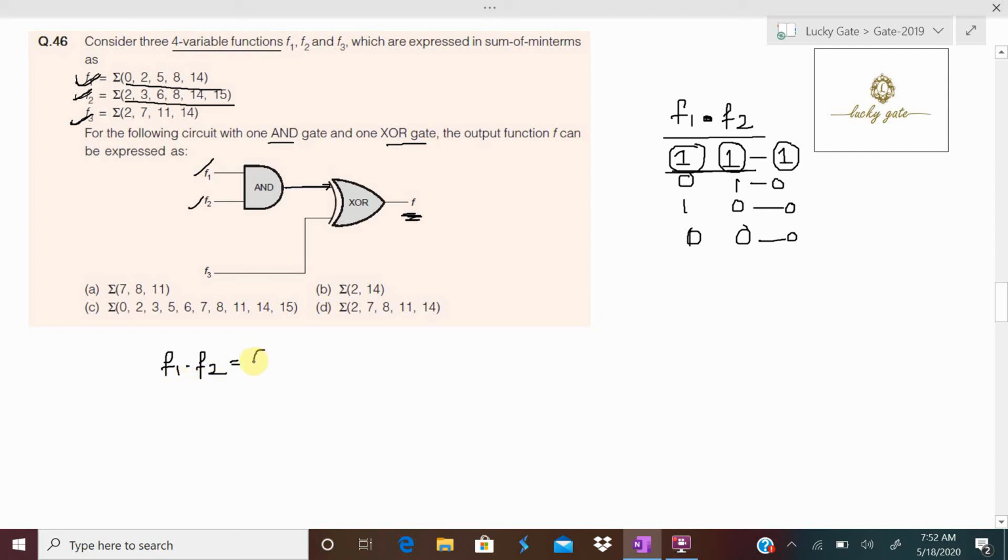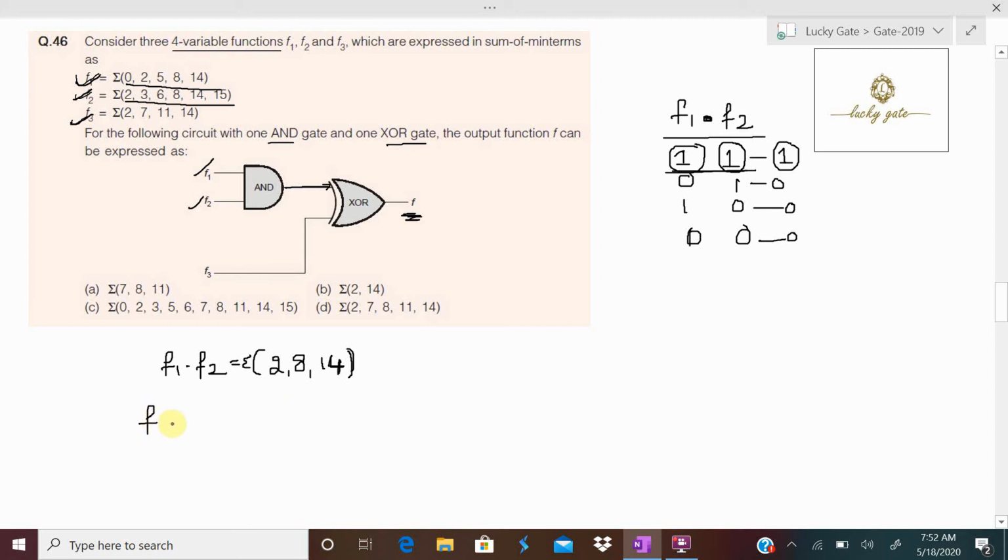Now look, what are the common terms of f1 and f2? 2 is common, 3 is not common, 5 not common, 8 is common and 14 is common. So when you perform f1 and f2, you are going to get a Boolean function which contains these three minterms. Now similarly we'll solve the logic for the XOR gate also.